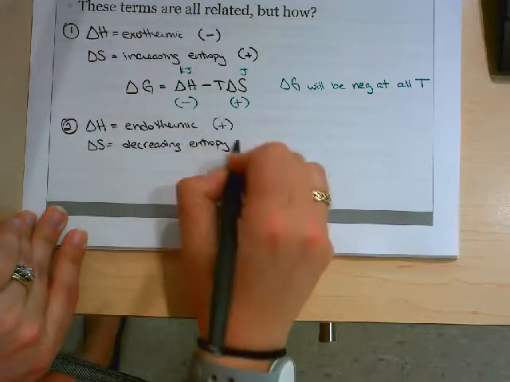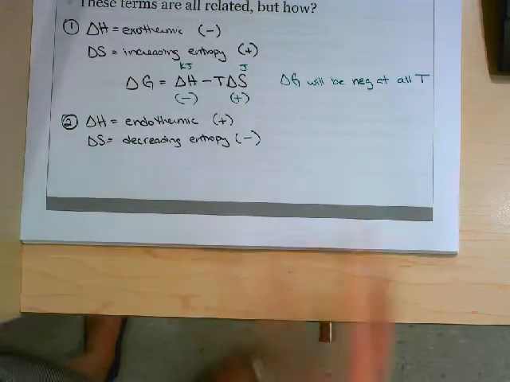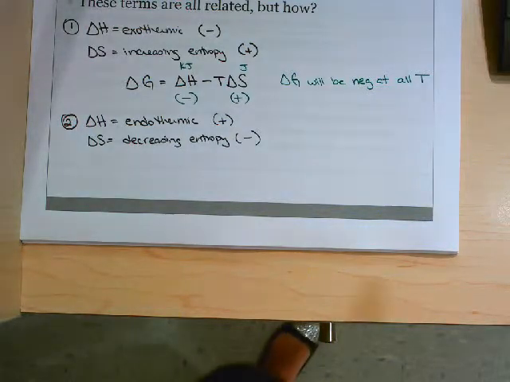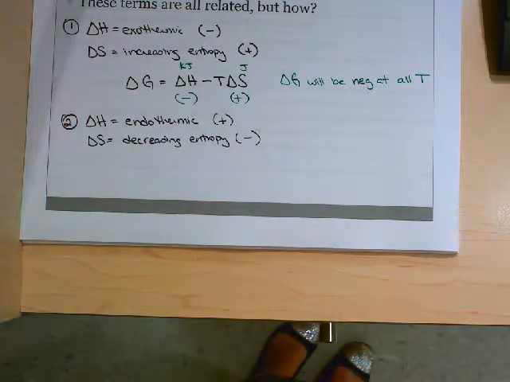Alright, so if I have an endothermic reaction and decreasing entropy, off the bat, if it's endothermic, is that typically spontaneous? No. If I decrease the entropy, is that typically spontaneous?